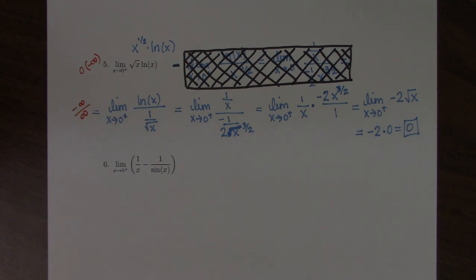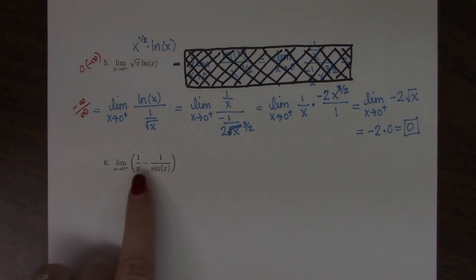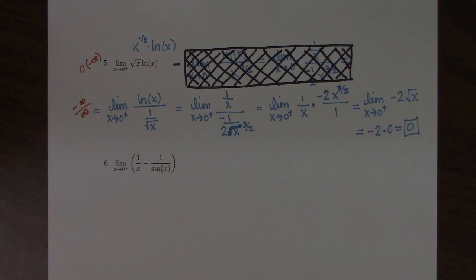The next one is another type of indeterminate form. In the same way, if we do 1 over x from the right, we're going to get infinity. Sine of x, as we go to 0, is also going to be 1 over 0.